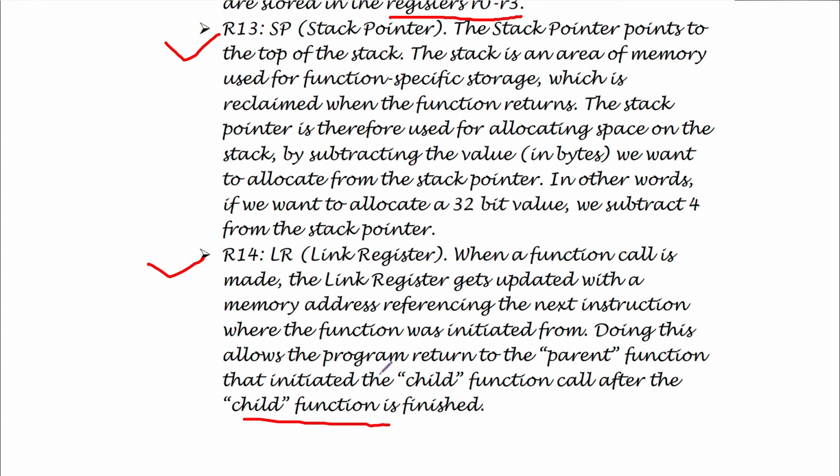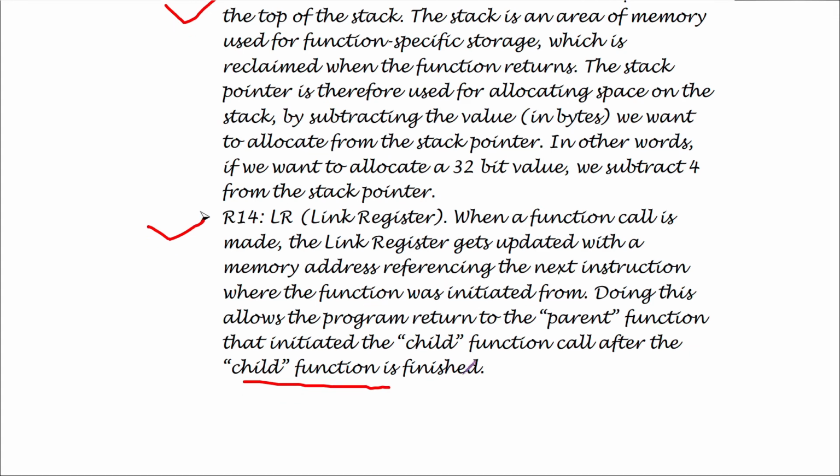So if we are calling another function that is called the child function from a parent function, तो वहां पर आपका लिंक रजिस्टर यूज होता है. It gets updated with the memory address referencing the next instruction where the function was initiated from. So it will store the address of the next instruction from where the parent function called the child function, right?